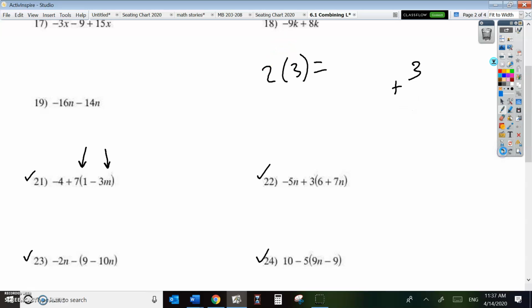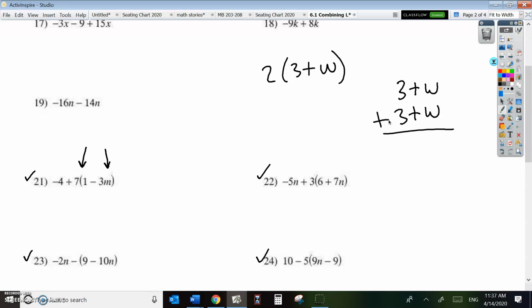Well, if you have 2 times 3 plus w, then you've got 3 plus w, 3 plus w. 3 plus 3 is 6. W plus w is 2w. So for problem 21 over here, you have 7 groups of 1 minus 3m.